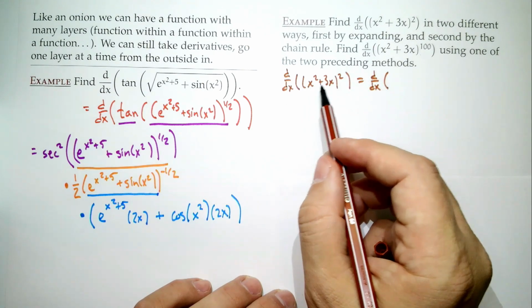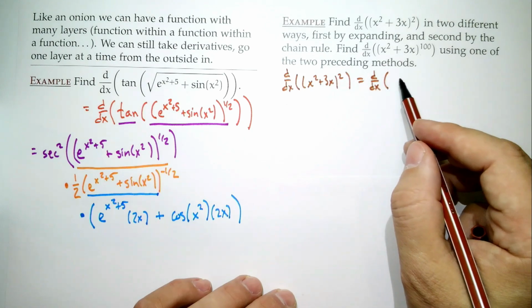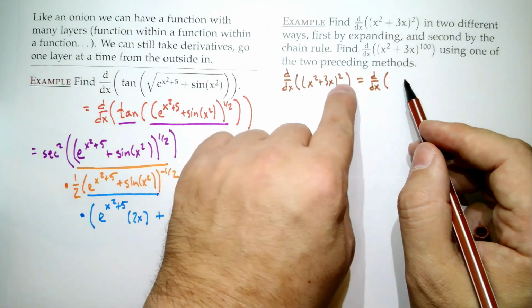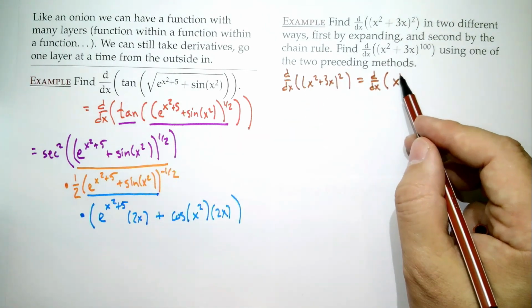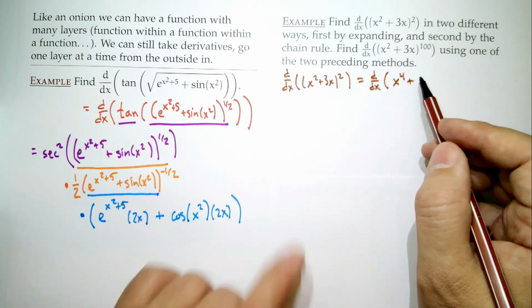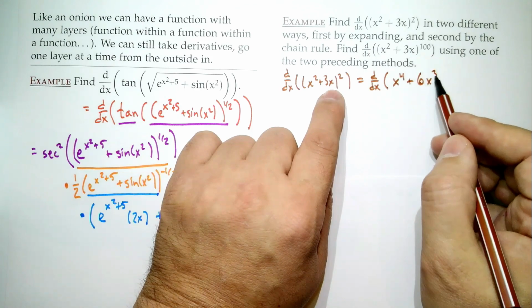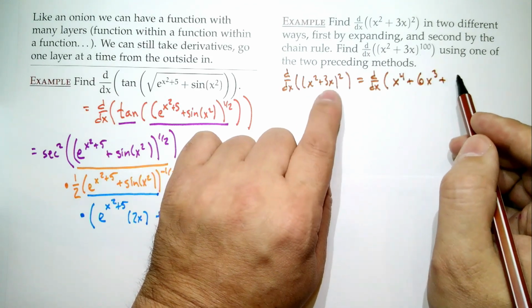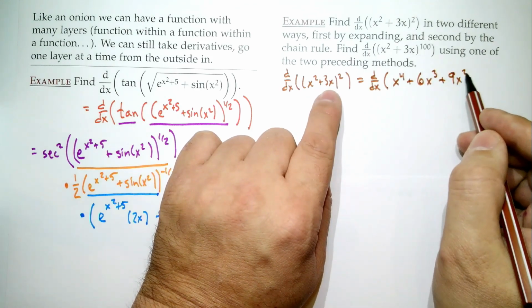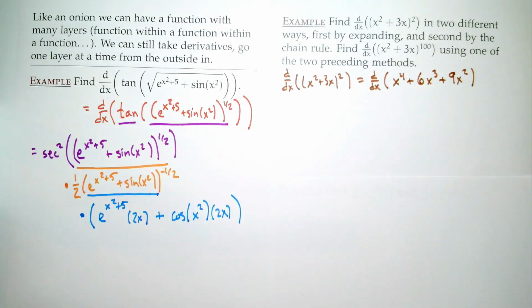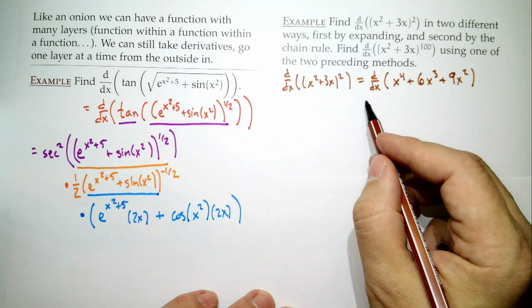So (x squared plus 3x) quantity squared, think of this as (a plus b) squared. So a squared, x to the fourth, plus 2ab, that would become 6x cubed, plus then b squared, 9x squared. So first we expand, and now we say, hey, these are all simple things to take the derivative of.